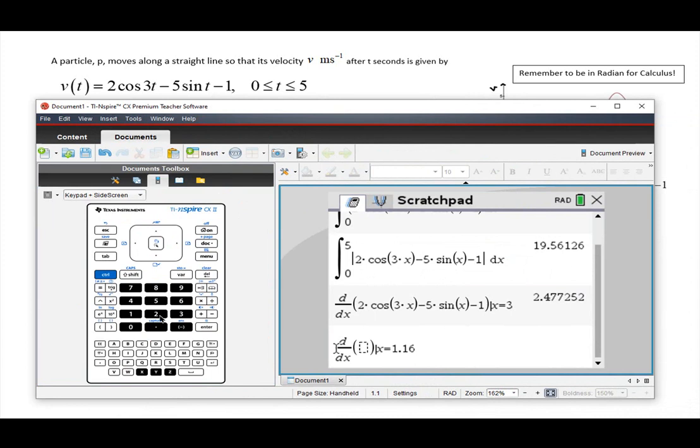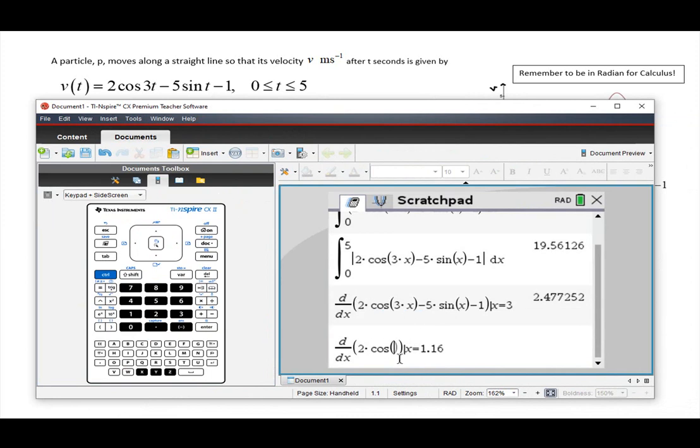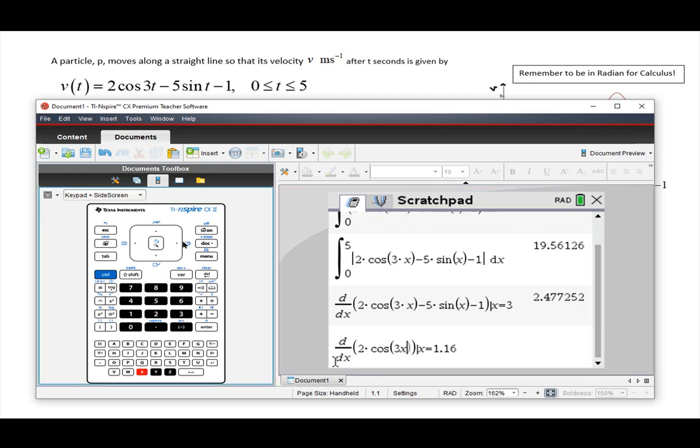Just type in the function, 2 times cosine 3x minus 5 times sine x, and then minus 1.